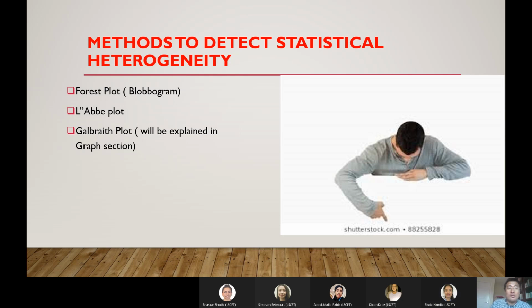In the MCQs they will ask, to detect statistical heterogeneity, which of the following graphs can be used? Forest plot, funnel plot, cost effectiveness plot, and 2 other plots. Which would be the answer? Forest plot. So just remember 3.